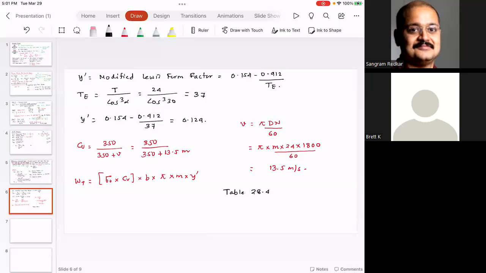Which is, again, you will see different values for steel, cast iron, carbon steel, hardened. So you can select the appropriate value from table 28.4, page 1039.